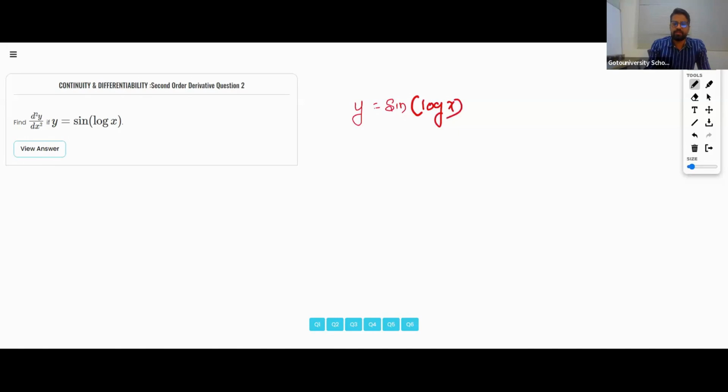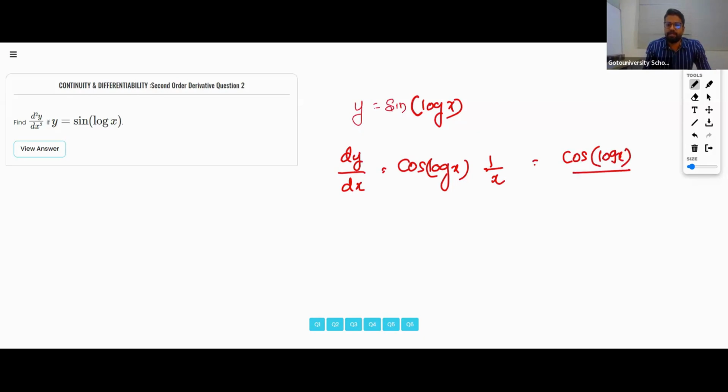Yes. So if you want to differentiate one time with the chain rule, this is cos of log x into 1 by x, right? So now it becomes cos of log x by x.